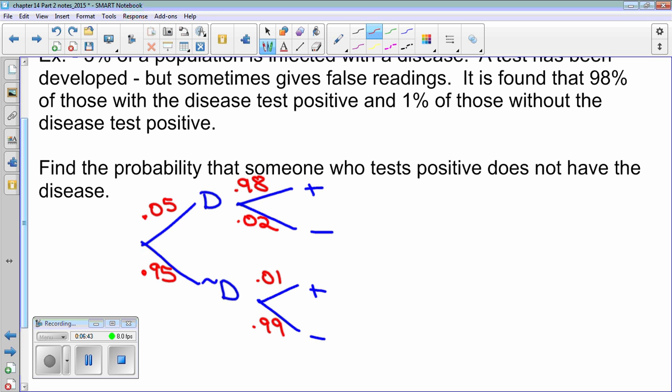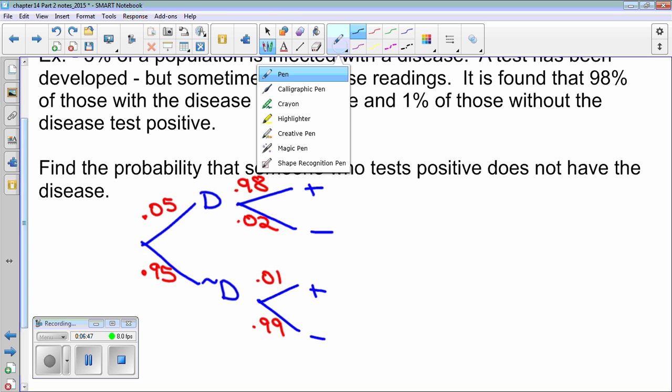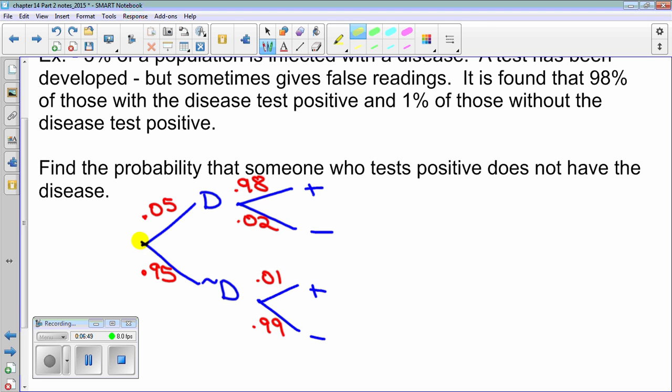So I have started my tree diagram. To finish the tree diagram, we actually have to go along the branches like this. We'll do it 4 times in this case. The first one is the probability of those with the disease and test positive. They're independent events. Just because you have the disease, it has no effect on the test, so you can multiply them, is my point.